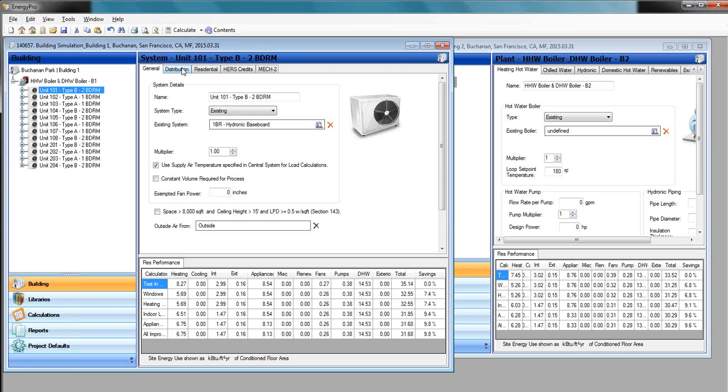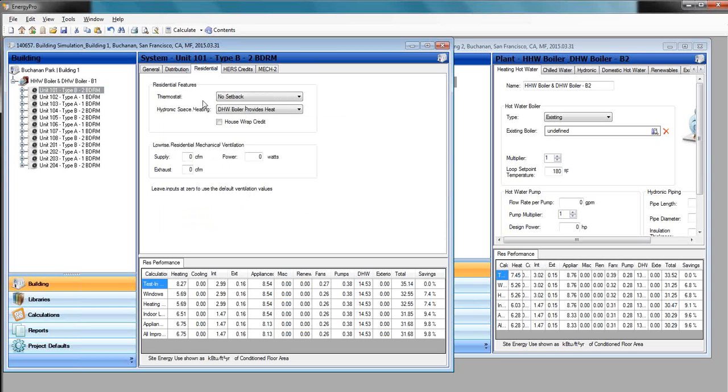system here. But you're going to go to the residential tab, and you're going to now go to the hydronic space heating box, and you're going to be just telling that HVAC system that the domestic hot water boiler is providing the heat.